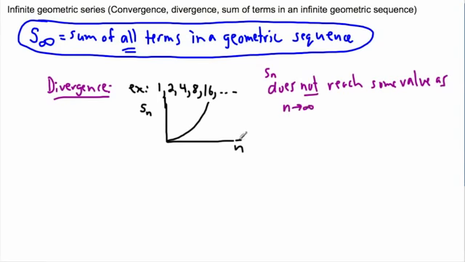As we get larger and larger n values, Sn just gets larger and larger as well. So because of that, we cannot calculate S infinity, because this sum diverges.